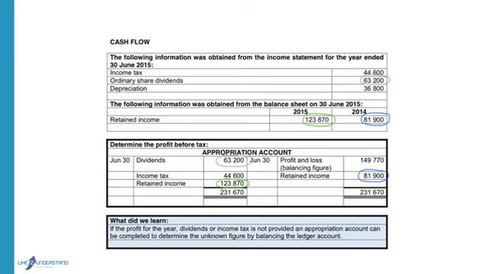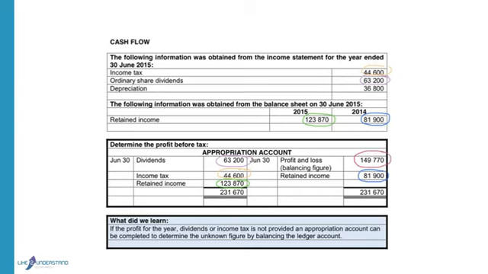So the total amount that is paid for income tax to SARS is 44,600. That is also paid out of the profit, so the 44,600 will be recorded on the debit side of the appropriation account. And then by balancing, we will be able to determine what was the profit for the year.